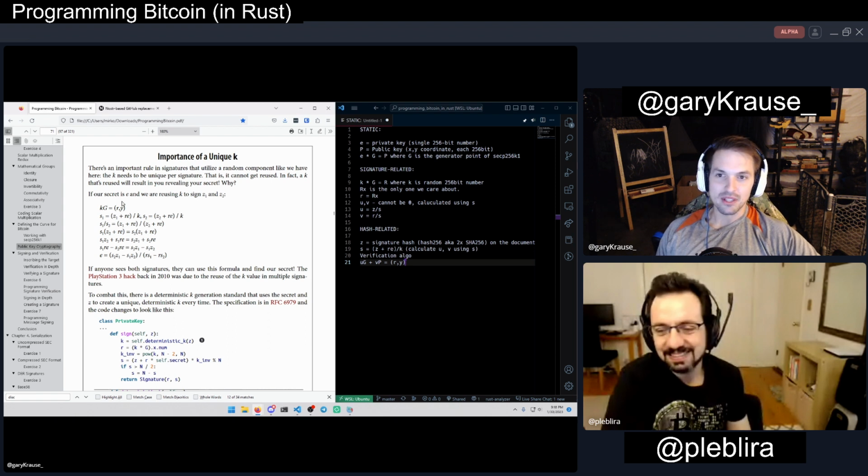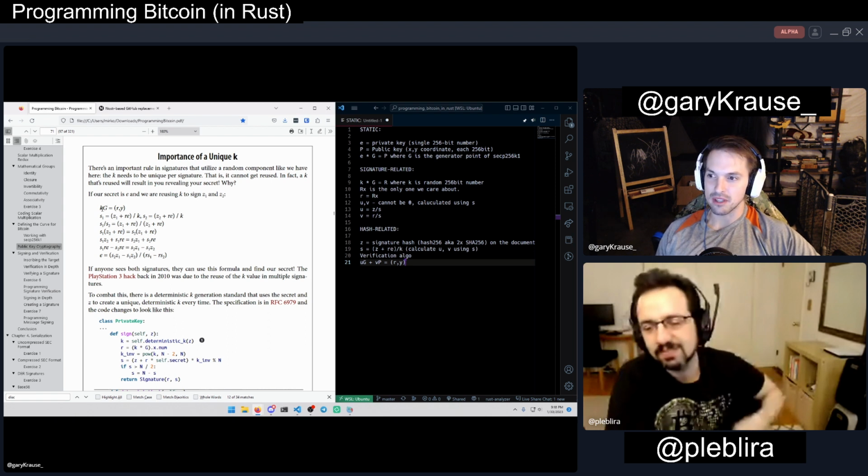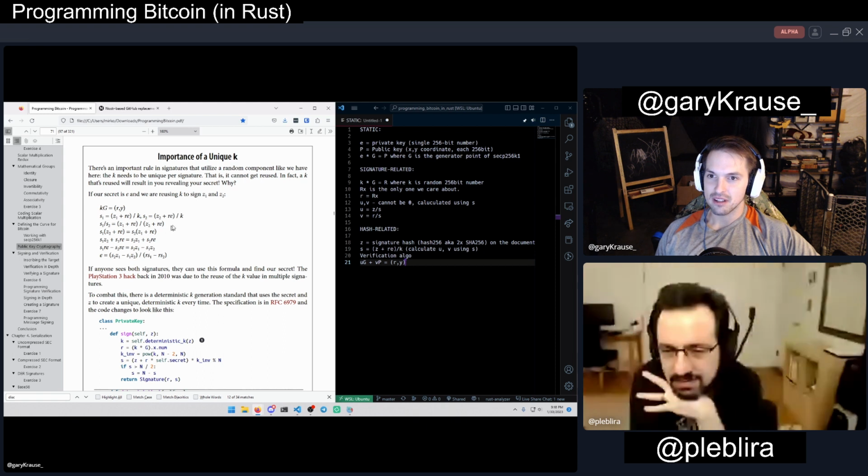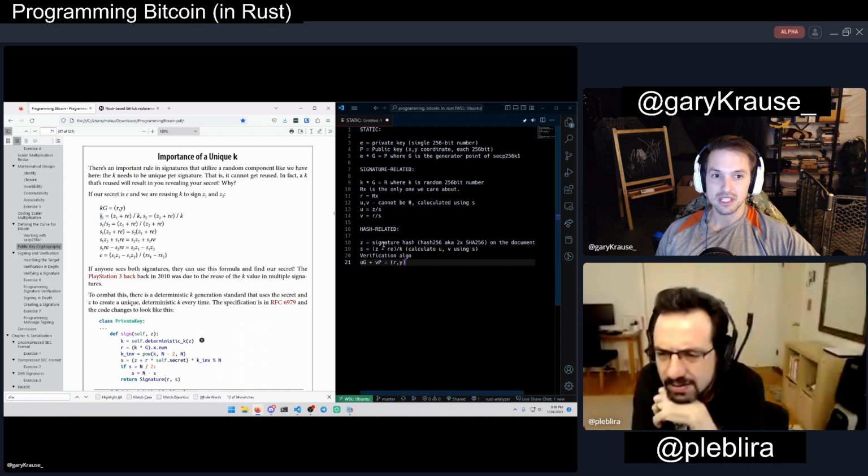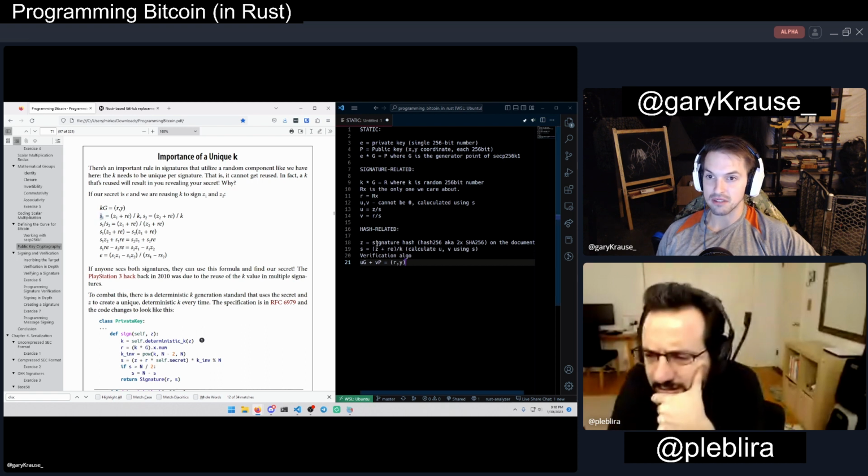And so okay, let's go through this, given that we have two values, two s's, two parts of a signature, right? z1 and z2, yeah. And so kG equals r.